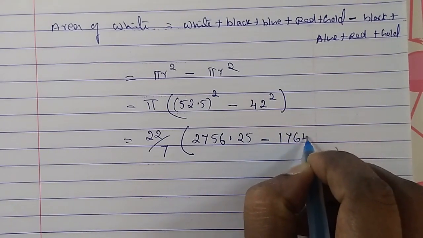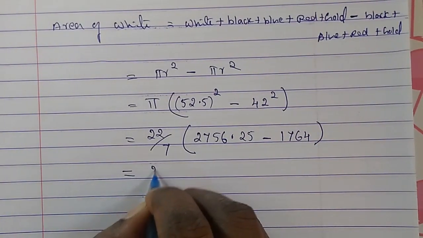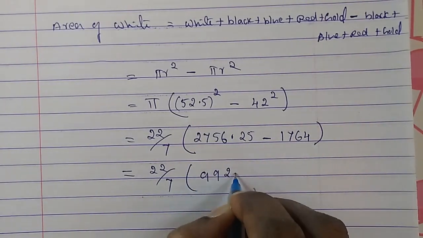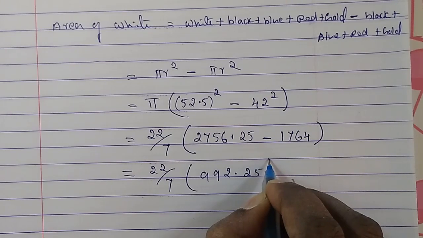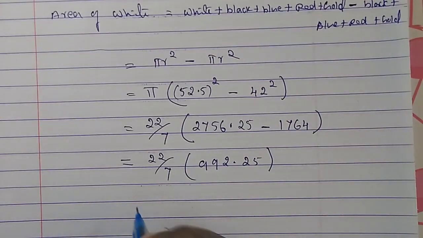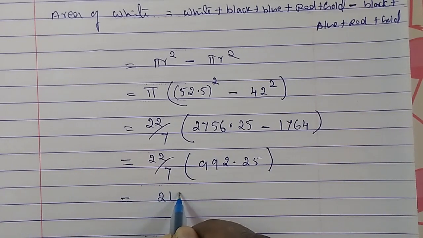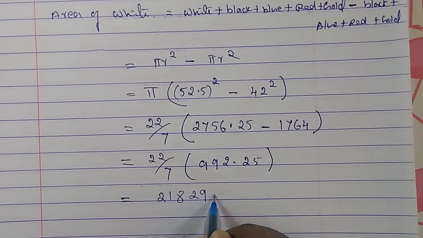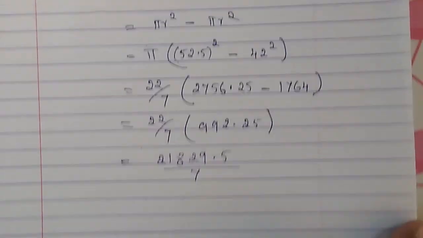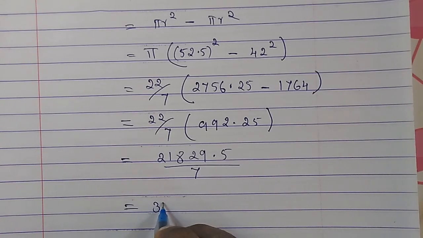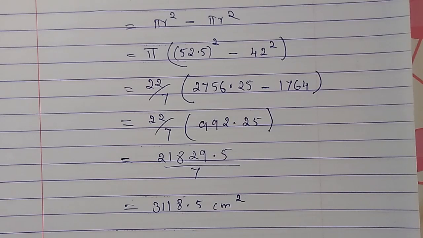So 1764. Now minus it, we'll get 992.25. Okay, so now with 22 you multiply the whole thing, you'll get 21829.5 divided by 7. So when you divide this whole thing, you will get 3118.5 centimeter square. So this is the area of the white band.